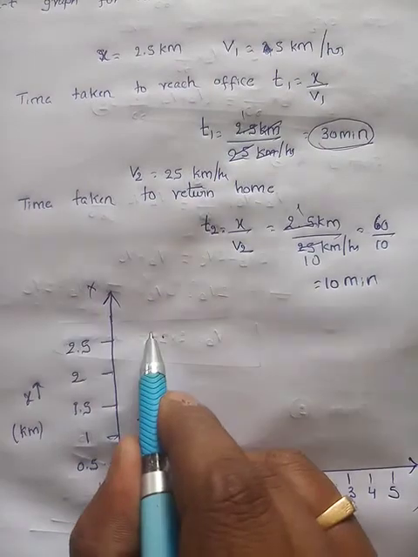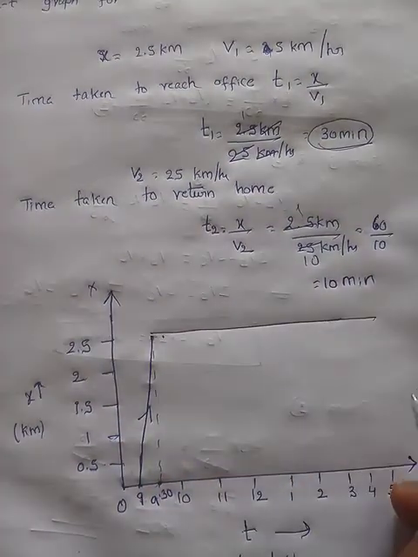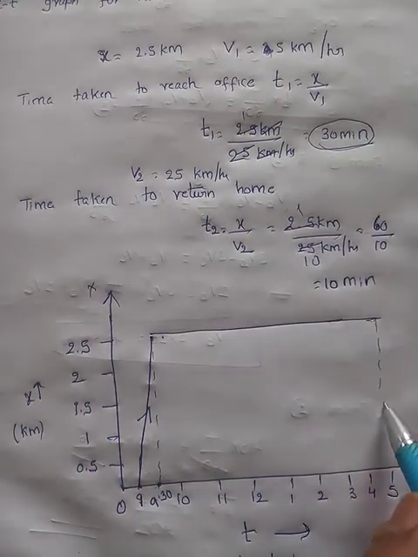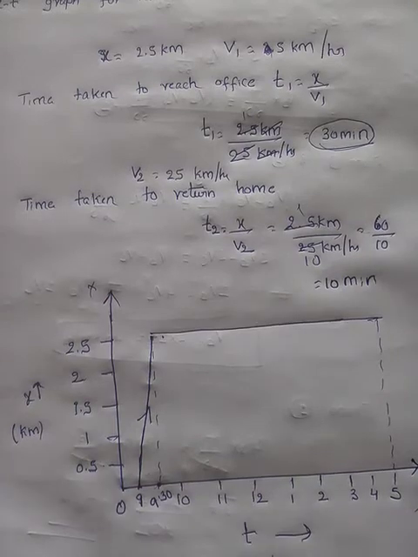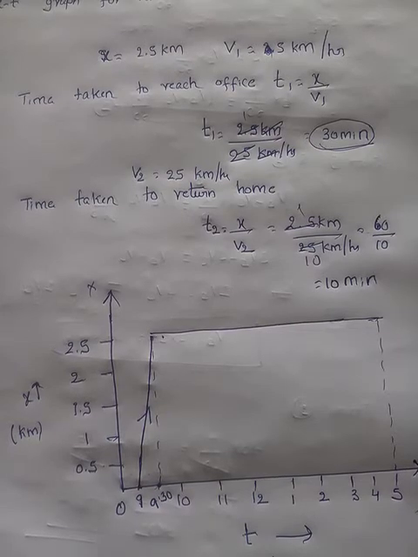Then she stayed in her office up to what time? Up to 5 o'clock. She is at rest, not rest, she is working. Here no change in position, so we said that she is at rest. Okay.